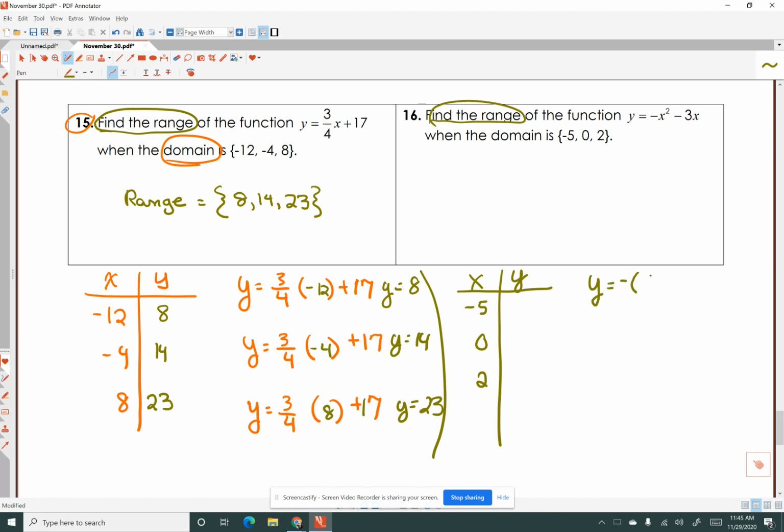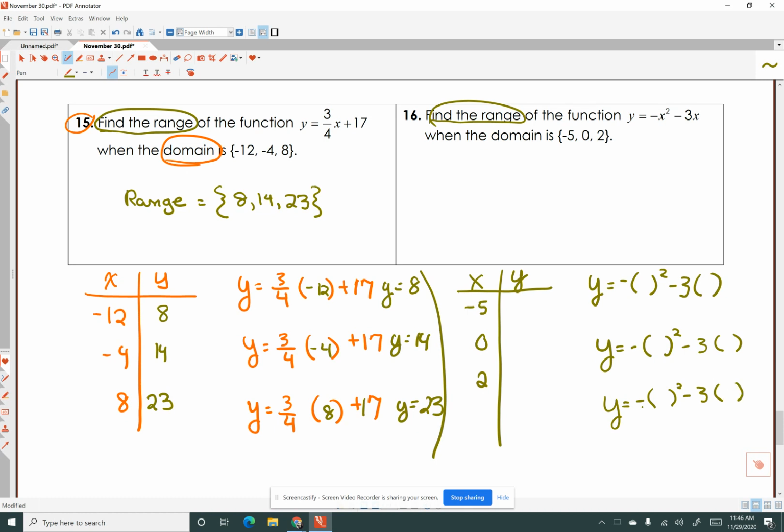We have to do 2 substitutions there. Let's neaten that up a little bit. Three times we'll write this, negative x squared minus 3x.